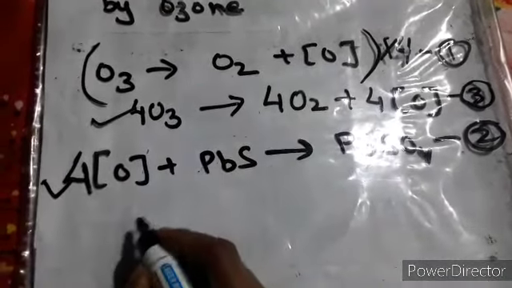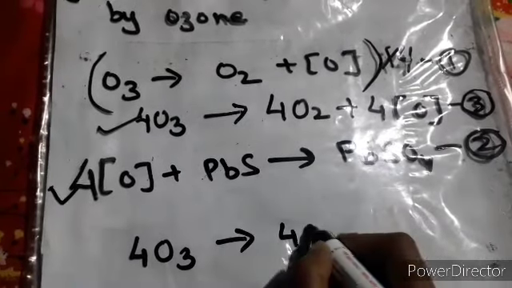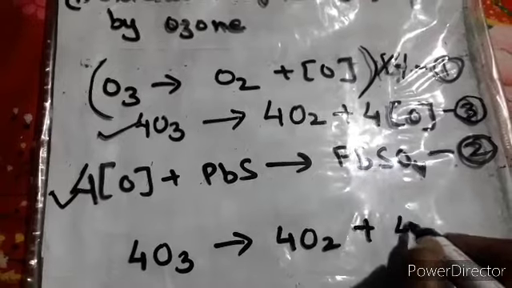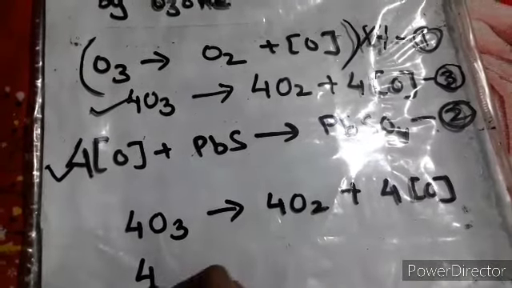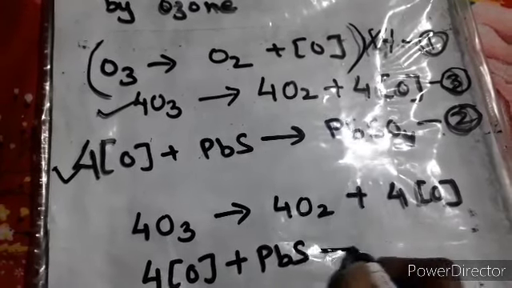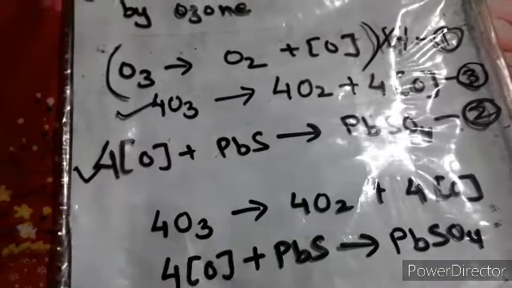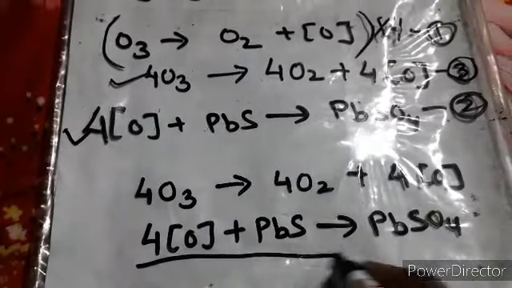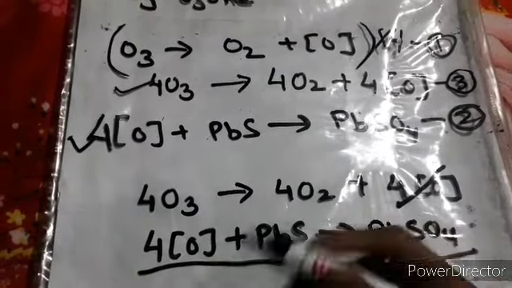Once again I am writing all my changed equations together, and we'll see how we can manage it. Focus on it: nascent oxygen here is 4 and here it is 4, so both are the same and they are on opposite sides.